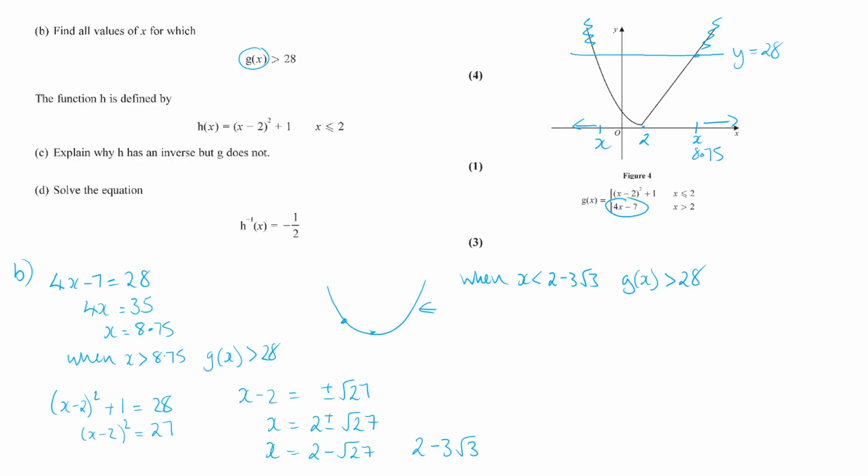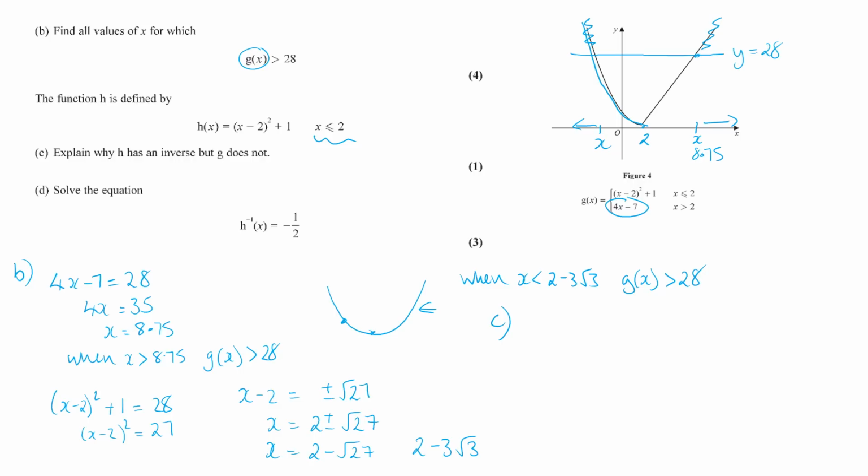Okay, part C. h of x is just going to be the same as our function, but it's just going to be that quadratic part of the function. So it's just this section here of the graph, and it's asking us to explain why h of x has an inverse but g of x doesn't.